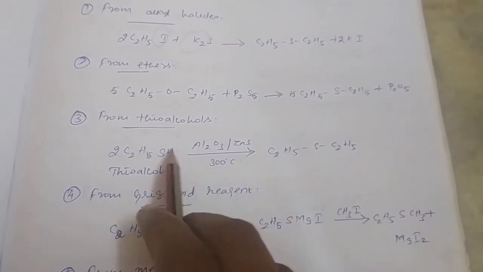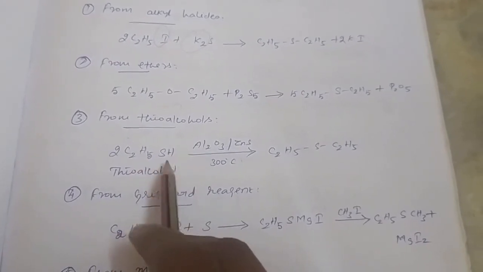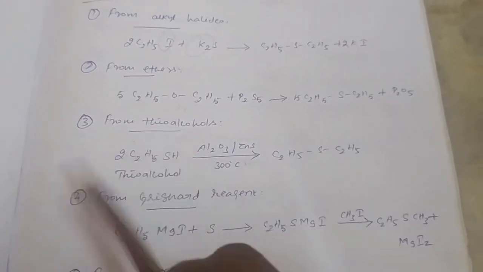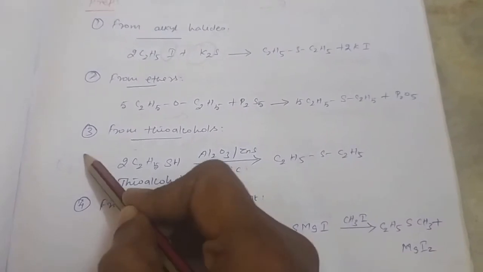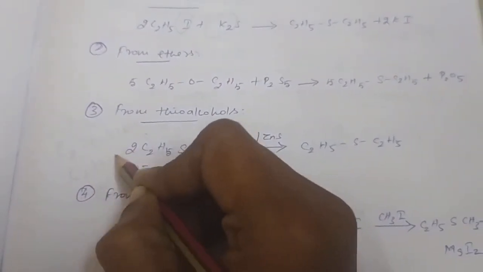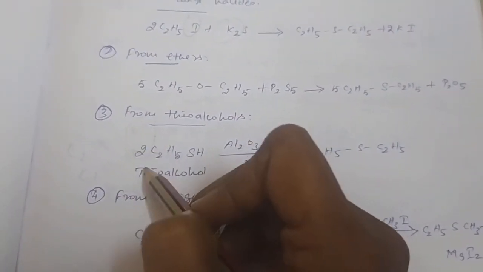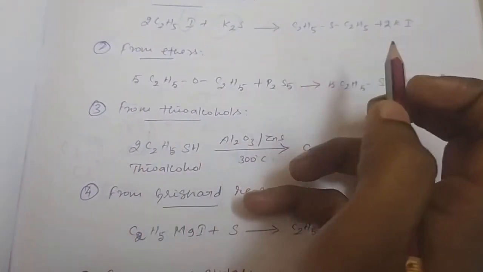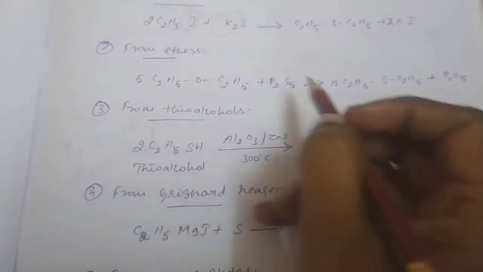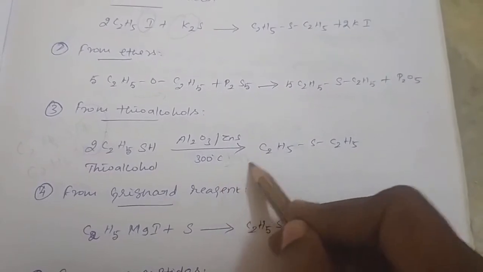Here hydrogen is removed. C2H5 SH, C2H5 SH. So this hydrogen is removed. Sorry, this is not oxidation. Here hydrogen sulfide is removed.